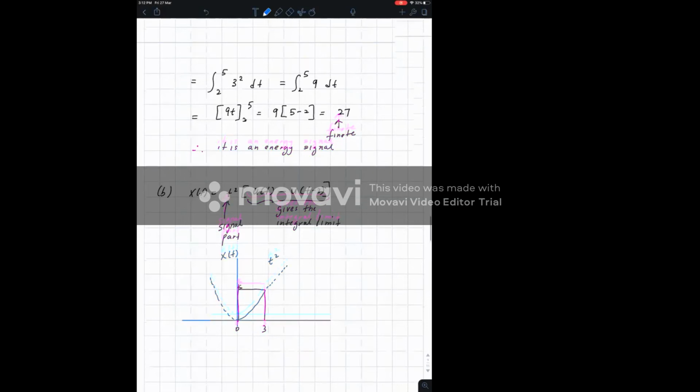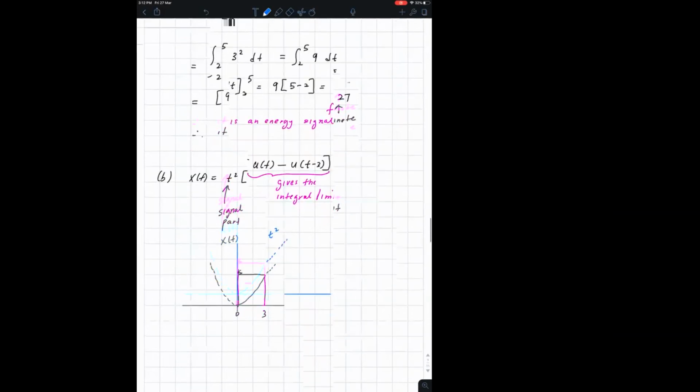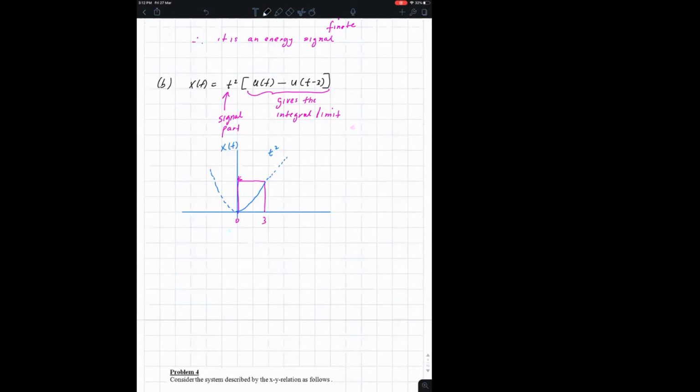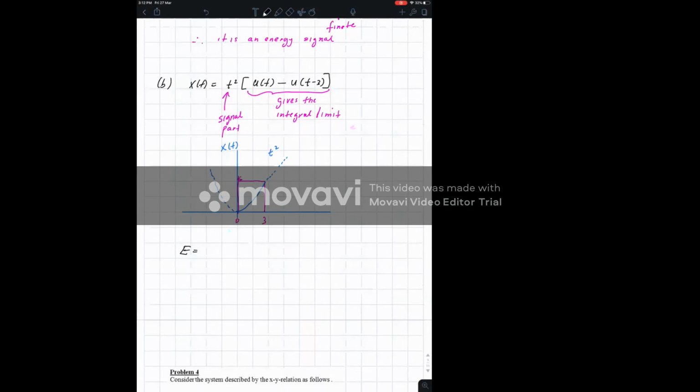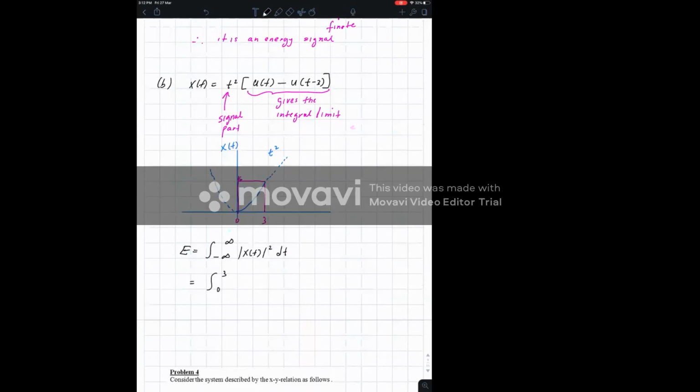Okay, now all you have to do right now is integrate the definition of energy, minus infinity to positive infinity, signal amplitude squared dt. This is going to be from 0 to 3, right? That was defined by the step function. The sketch is just a rough sketch, just to give you an idea.